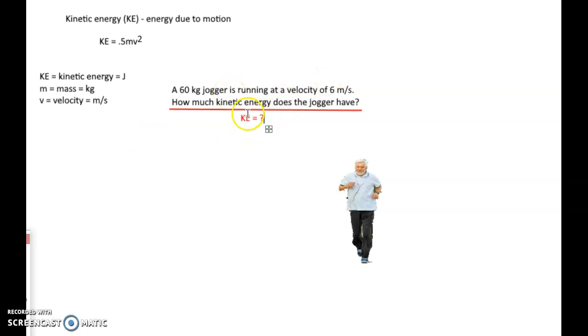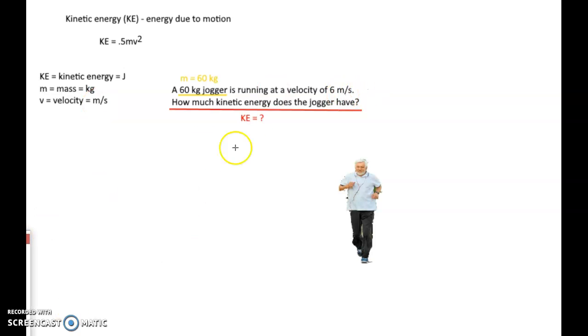Now that I know what I want, I'm going to go back through the question and look to see what information I was given. A 60 kilogram jogger. This is telling me the mass of my object, so my mass is 60 kilograms. And what is this jogger doing? They're running at a velocity of 6 meters per second.